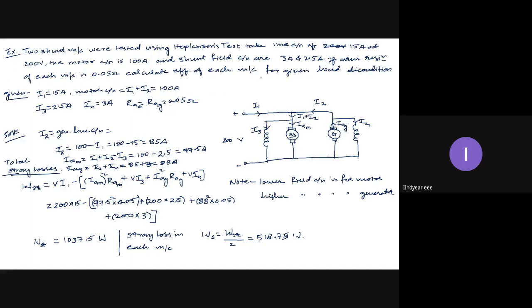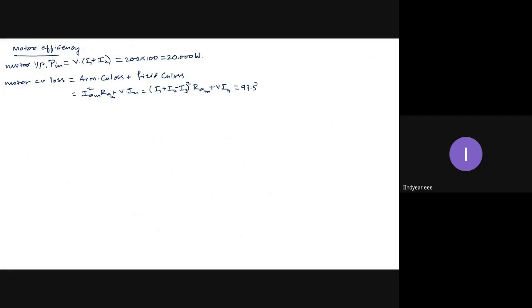We have calculated it as 97.5 square into RA 0.05 plus 200 into I3, V into I3, 2.5, equal to 975.31 watts.